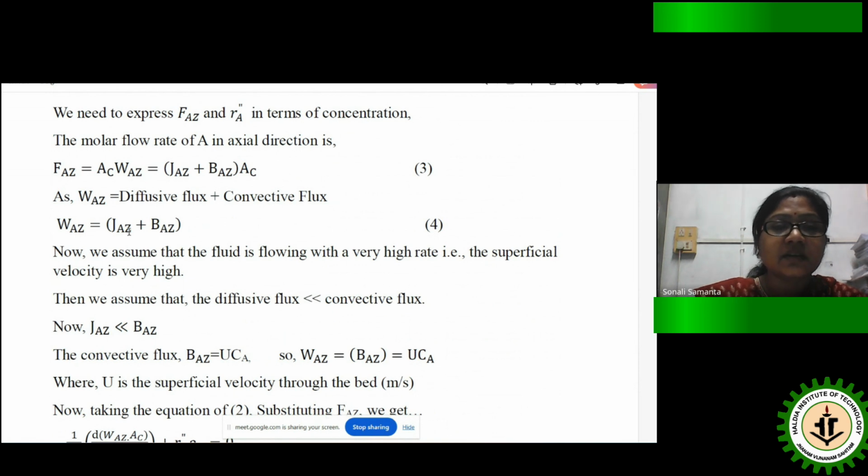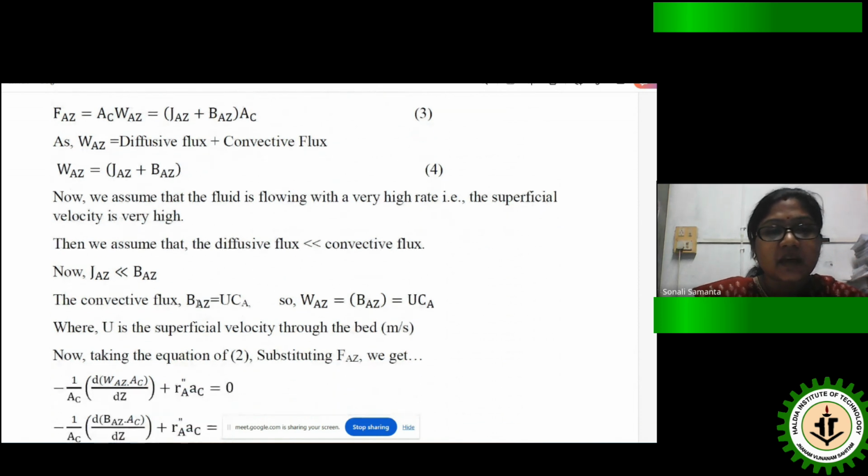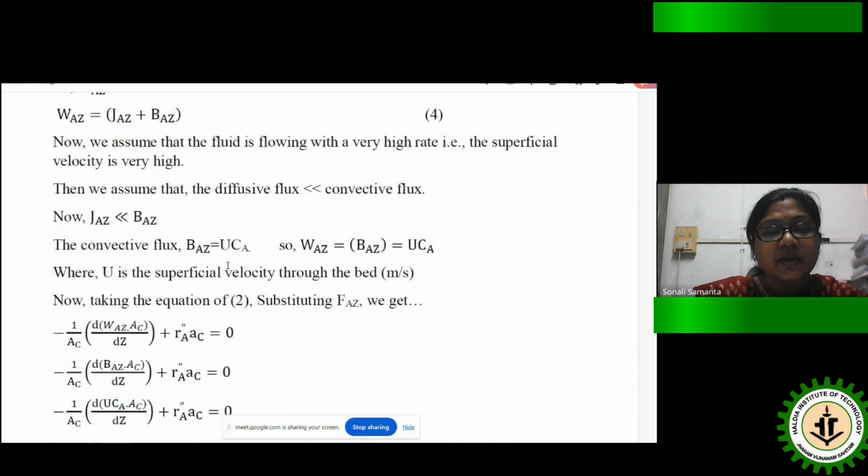So substitute that WAZ as BAZ. Here you can see the WAZ equals BAZ, and that BAZ equals to nothing but U into CA. U is the superficial velocity and CA is the molar concentration.